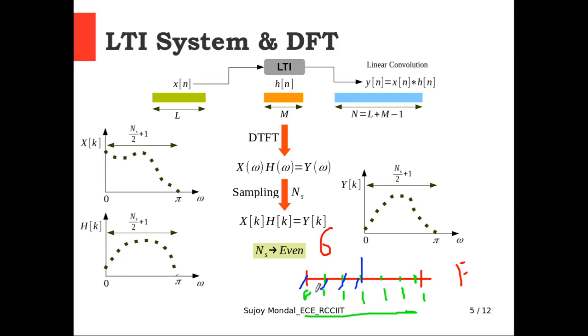So how many samples are we considering to cover this one half of the sampling interval, that is up to fs by 2? That is 4 sample points. So for an even number of samples, we are basically taking this equation: Ns by 2 plus 1.